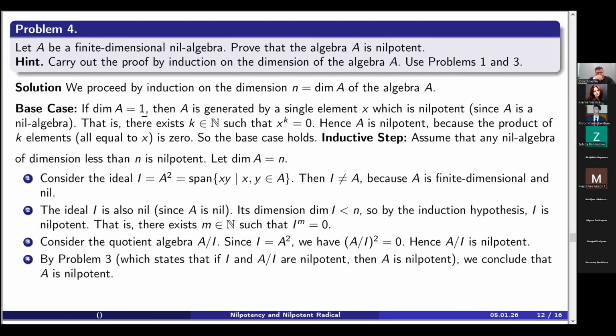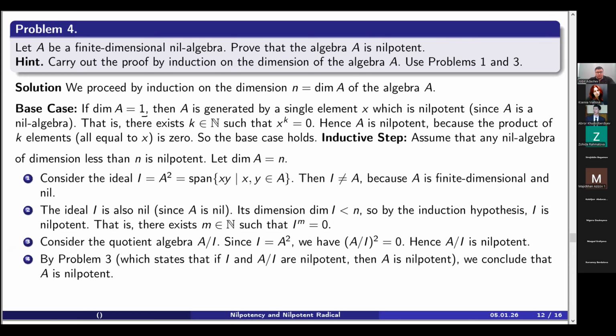The ideal I is also a nil algebra, and its dimension is less than the dimension of A. So by the induction hypothesis, I is nilpotent. That is, there exists m such that I to the power of m is equal to 0.